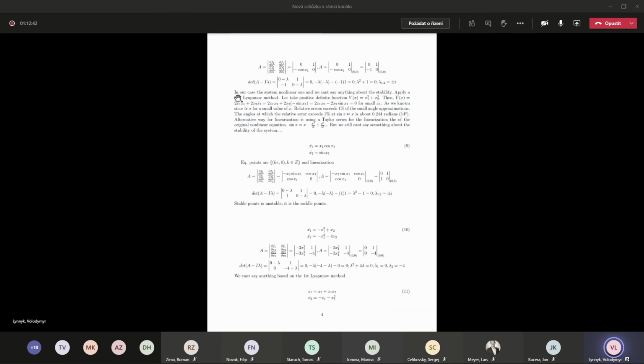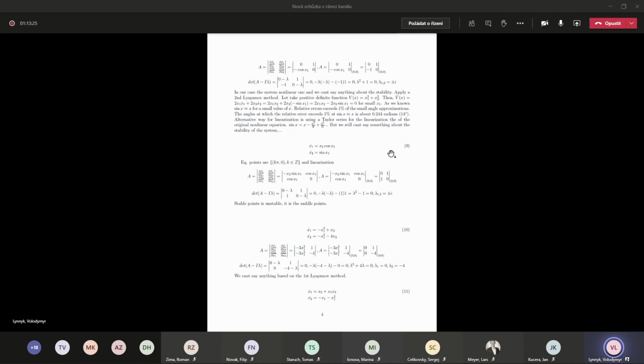In our case the system is nonlinear, and we can't say anything about the stability, and we need to apply the second Lyapunov method. The alternative way for linearization is using the Taylor series of the original nonlinear equation, where sine x equal to x minus x cubed divided by 3 factorial, and these higher order terms go out, and only this x stays. Only this linear part.